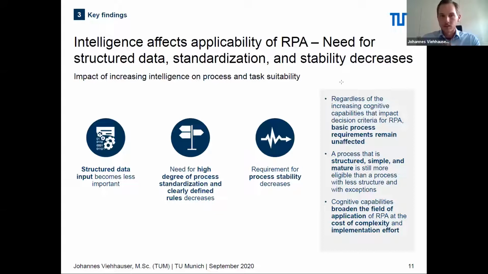Nevertheless, as already mentioned, it's of course still best to have a rule-based, standardized, mature, and high-volume process. So coming to an end, we found that, despite being argued by software providers and also literature, RPA is not really becoming more intelligent.